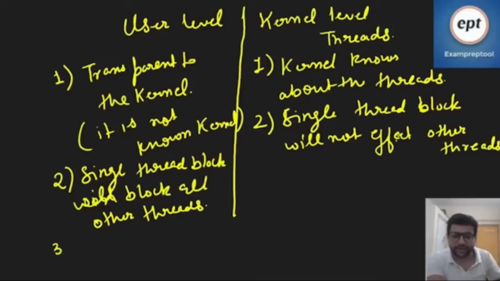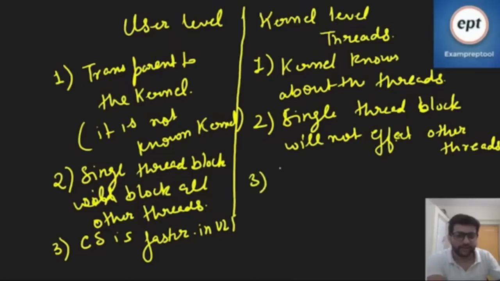The third one is that context switching is faster in user level threads. Here, the context switching is slower, right? And yes, that's pretty much it.